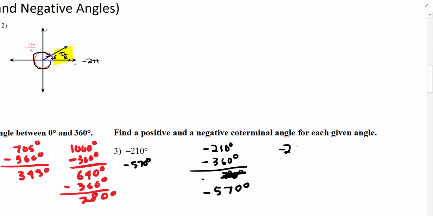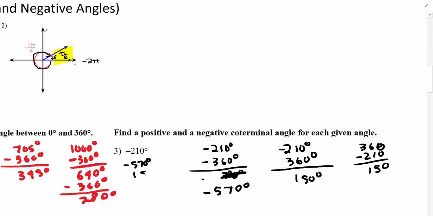Then I'm going to take that negative 210 degrees and I'm going to add a positive 360. Notice we subtracted 360 to find another negative coterminal, and I'm going to add 360. So remember, when you're adding opposites, you treat it like subtraction. These three angles right here all sit on top of each other.